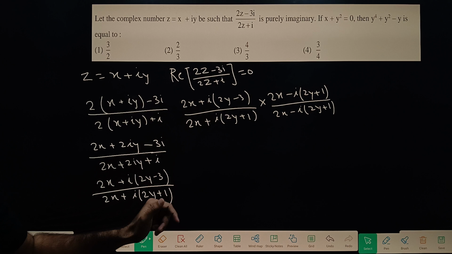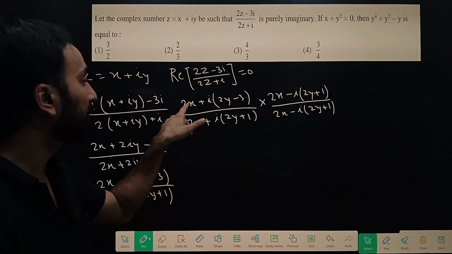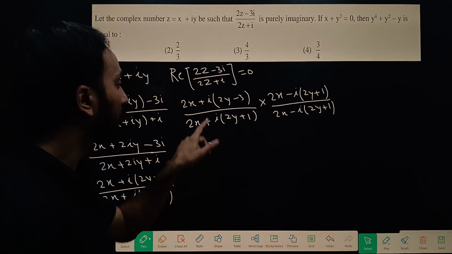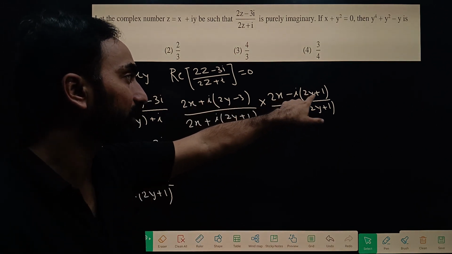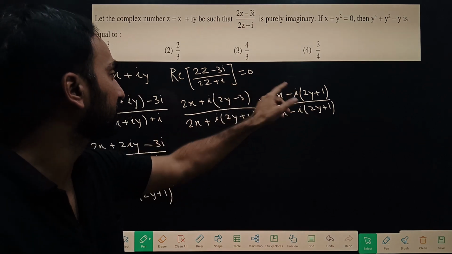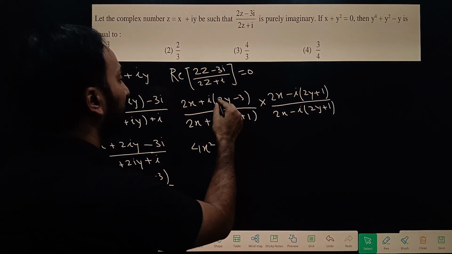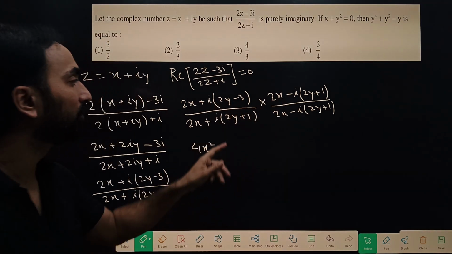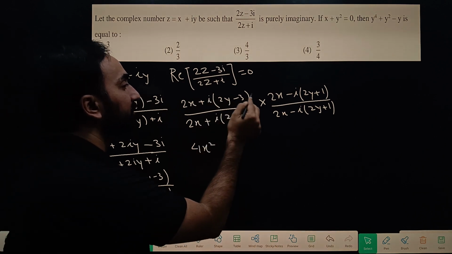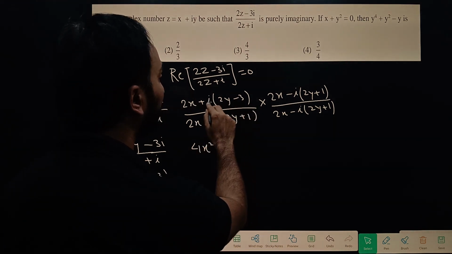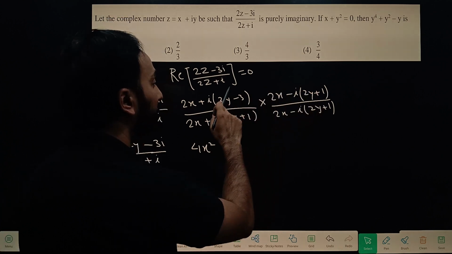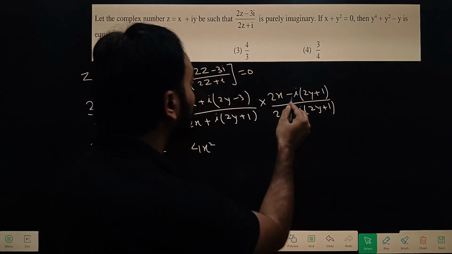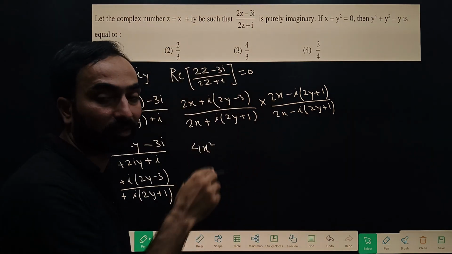Now how can we get the real part? When we multiply 2x into 2x, this will be the real part, 4x². When we multiply the first term with the second term, we get the imaginary part because i is there, so we don't have to multiply it. Next, multiplying the second part with this, we get the imaginary part again. But when we multiply i into i, we get i², and we know that i² is minus 1, so the minus and the minus 1 become plus.